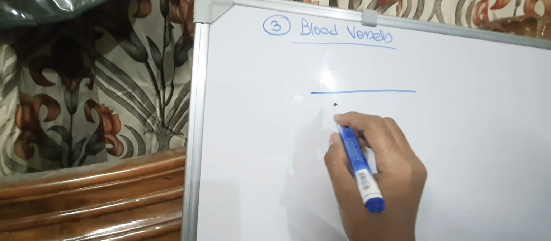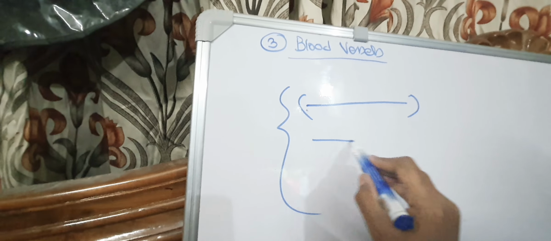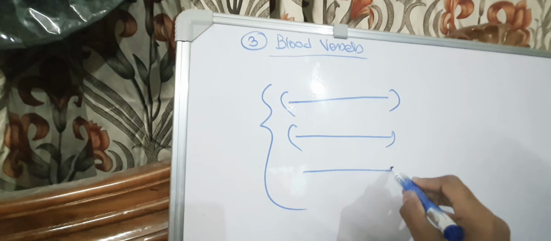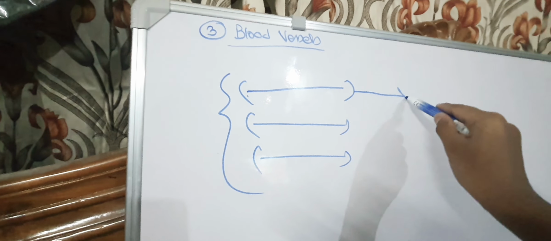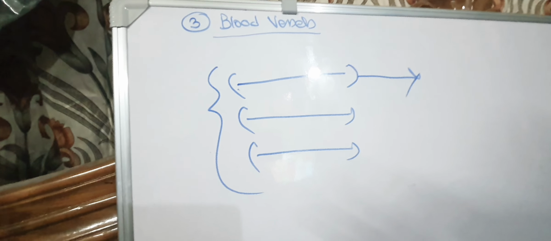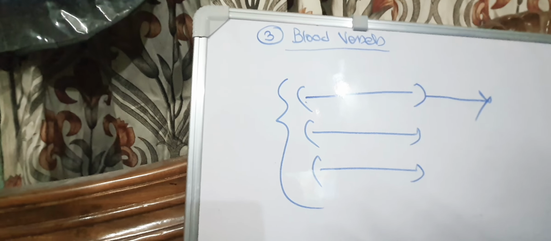So let me tell you, the arteries, veins and capillaries are the three blood vessels of the human body. They have three layerings. I am drawing a schematic diagram. If this is the outermost part, this is the middle, and this is the innermost part. The three blood vessels of the human body have the same three layerings, and the layerings have the same names.